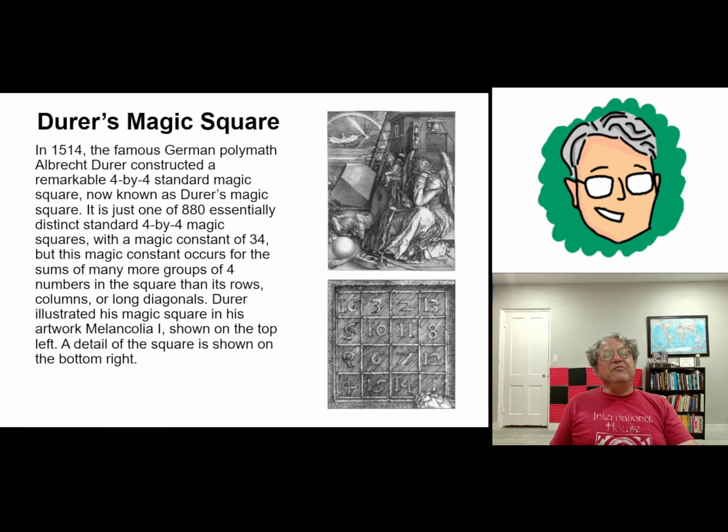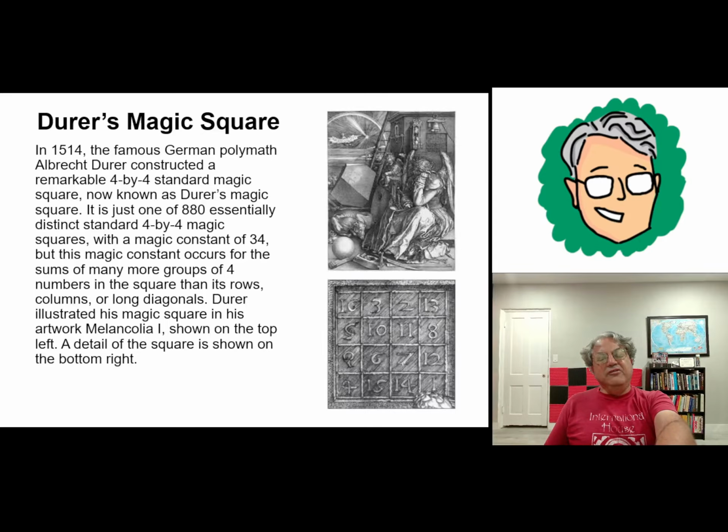One interesting thing about this square was that he used the year he made it, 1514, for the numbers in the middle of the bottom row of the square. You can see the 15 is the second from left on the bottom, and then the one right next to it was 14. So that was the year he painted it, 1514, and that's his magic square.